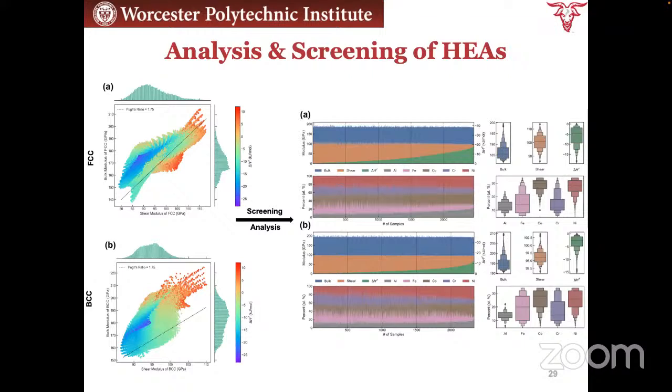We can screen the mechanical property, and we figured out the composition of aluminum, iron, cobalt, chromium, nickel. With those, you can get the high entropy alloy candidates, the compositions, and before you actually make the alloy, you will know roughly what the mechanical property will look like.